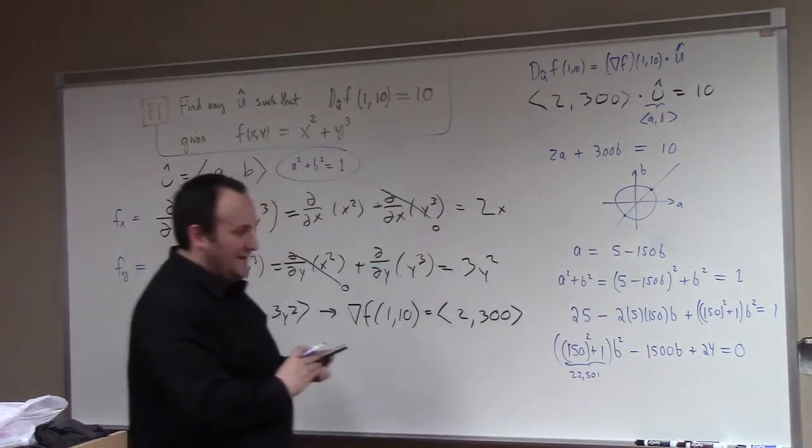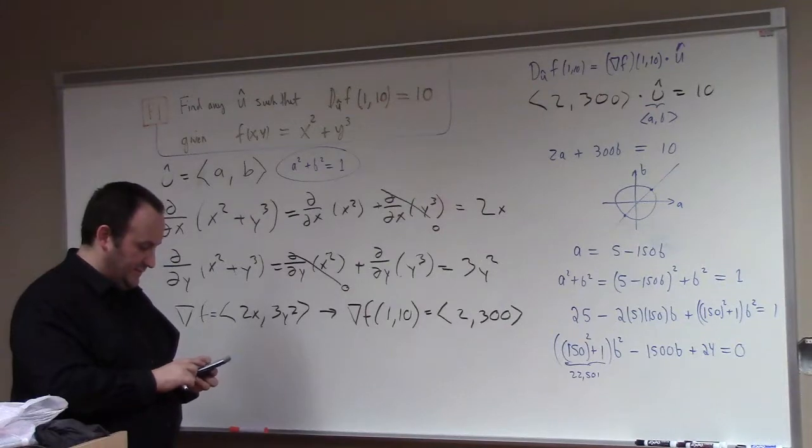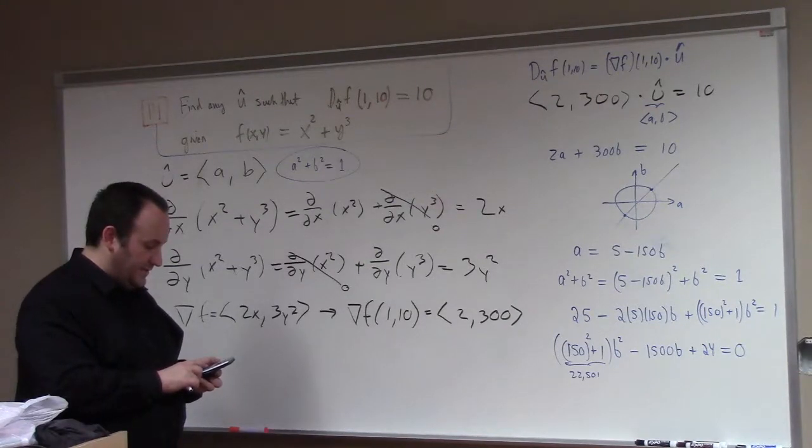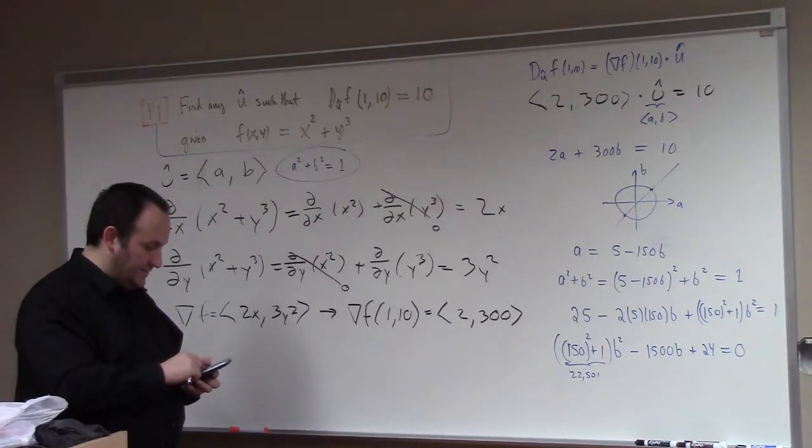At this point, when I have ugly numerics like this, I will go to my calculator or appropriate technology and use the polynomial function a lot of times. Of course, you could use the quadratic equation. I would encourage you to learn how to use the polynomial solver in your calculator.